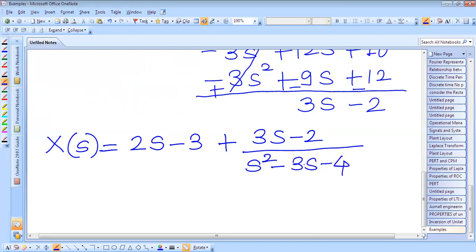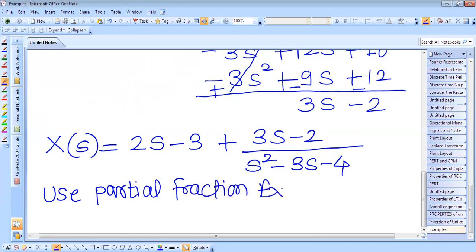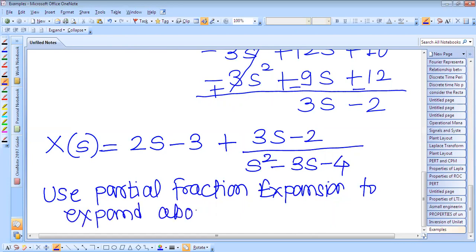Now use partial fraction expansion to expand this rational function.